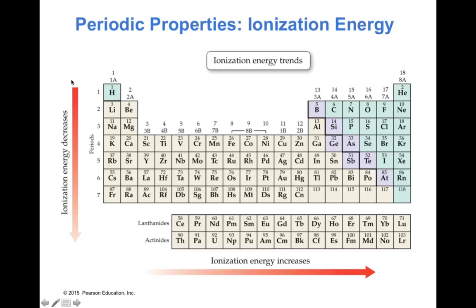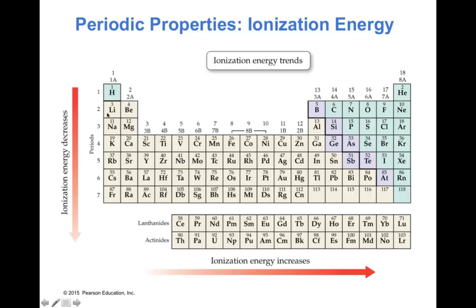And it decreases when you go from the top to the bottom. Why? Because the atomic size of each atom is increasing. So it's easier to remove an electron from the outermost shell of an atom with principal number 6, because that electron is pretty far away from the nucleus, compared to one from level number 2.